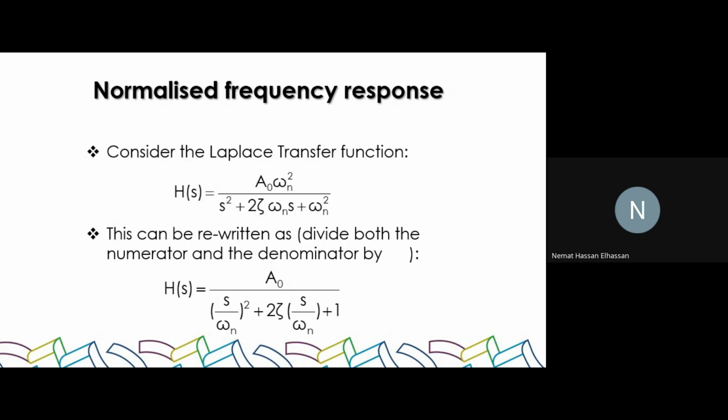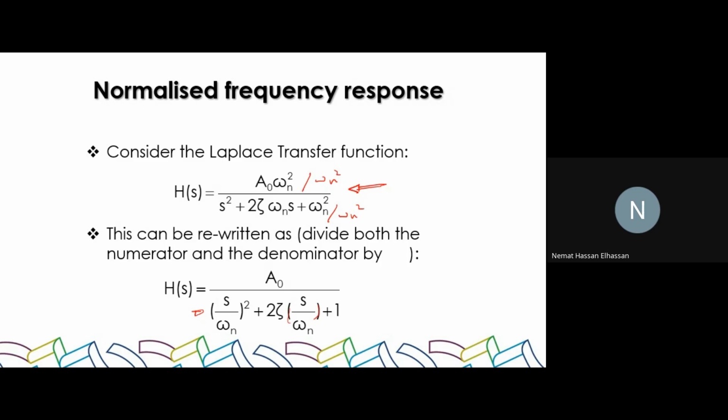Okay, so where do we start? How do we do this normalization? We start with the transfer function. This is the Laplace transfer function of a second order system. All you have to do is divide both the numerator and the denominator by omega n squared. You've divided by the natural frequency, and therefore you end up with this component, s over omega n.